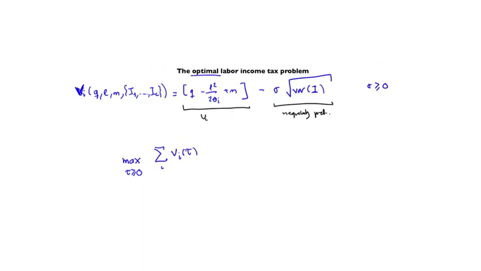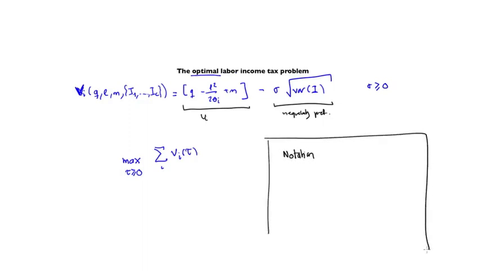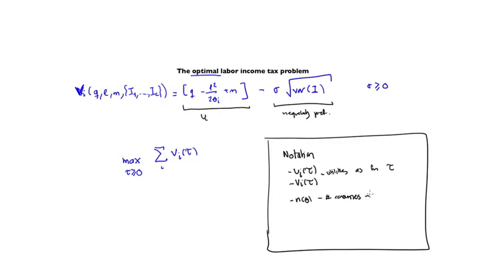Now, in this problem, notation can get unwieldy very quickly. So to keep things simple, I'm going to use the following notation that I'm going to write here in a box. U_i of tau and V_i of tau are just basically the utilities as a function of the tax. We know the function is the one that we derived in the previous video. I'm going to write by n_theta of tau the number of consumers with type theta.